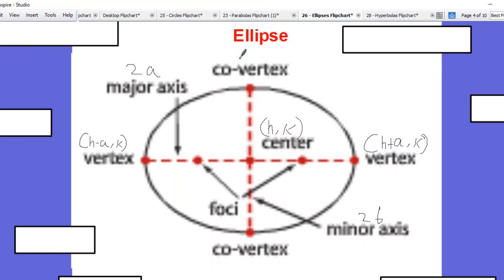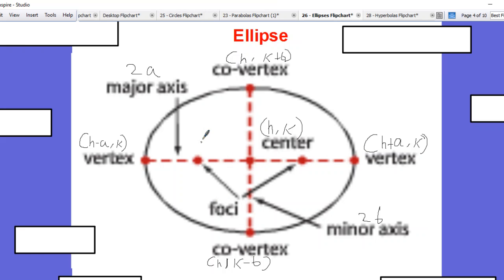Our co-vertex is going to be h, comma, k plus b for this co-vertex, and h, comma, k minus b for the lower co-vertex.